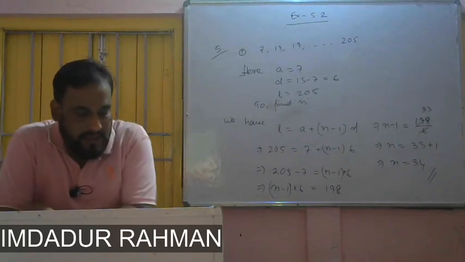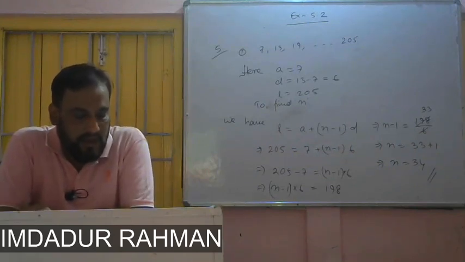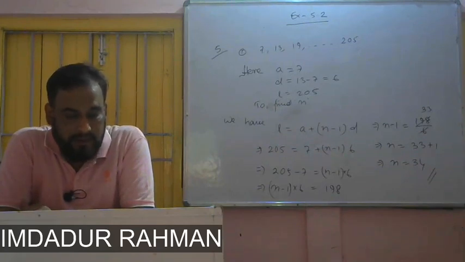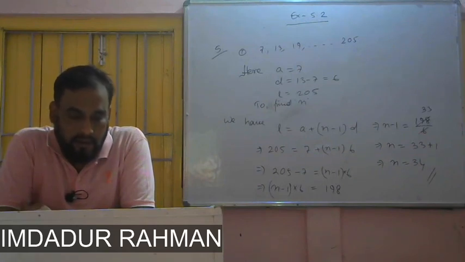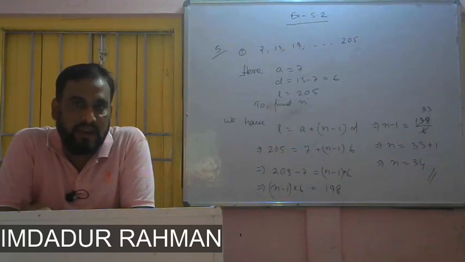Next, question number 6. You see, check whether minus 150 is a term of the AP 11, 8, 5, 2, and so on. You are asked whether this minus 150 is a term of this series or not.